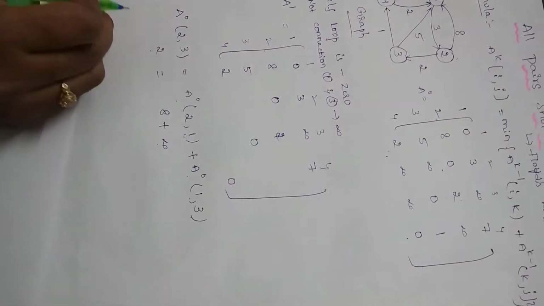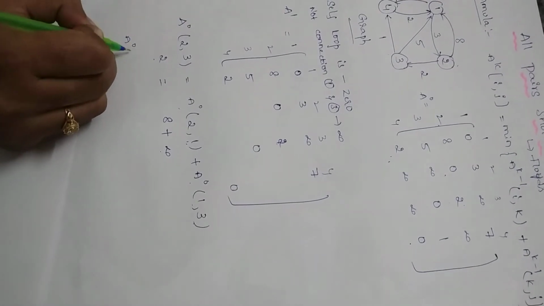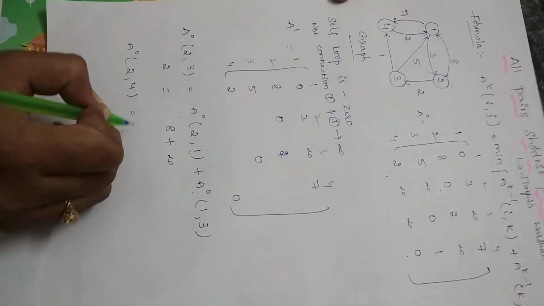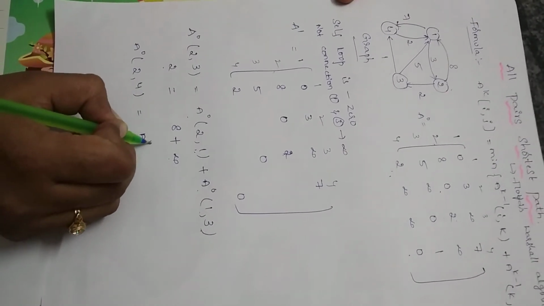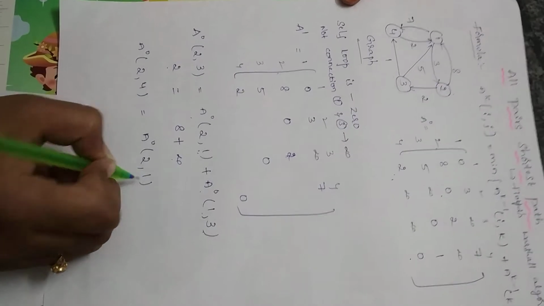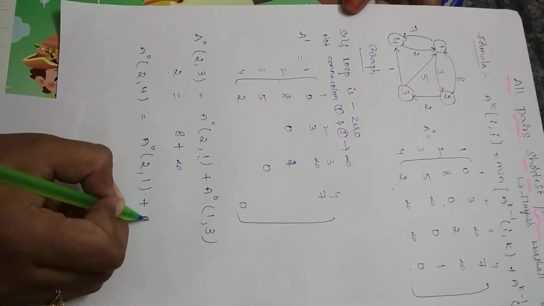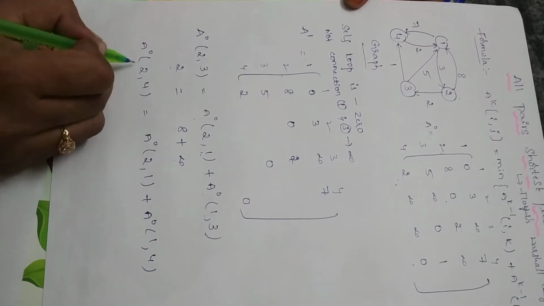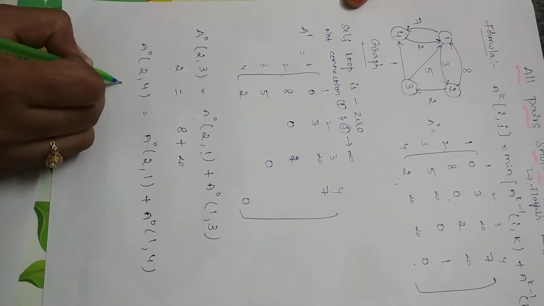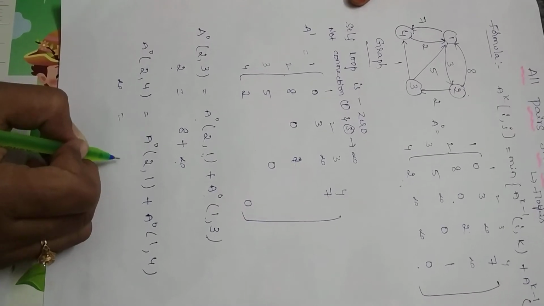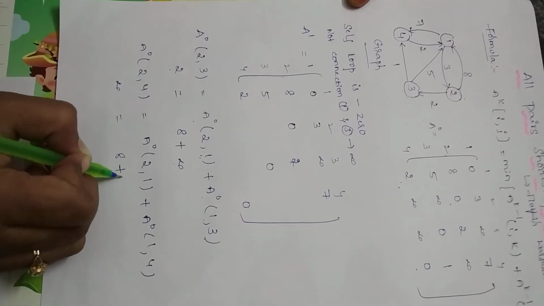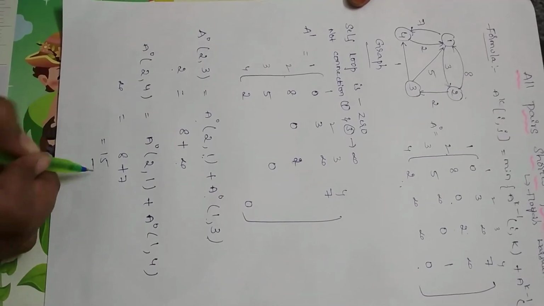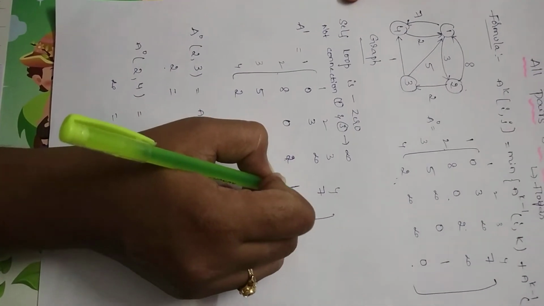Next, find A^0(2,4), which is A^0(2,1) plus A^0(1,4). Here 2 to 4 is infinity, and 8 plus 7 is 15. Which is minimum? 15 is minimum, so the value here is 15.